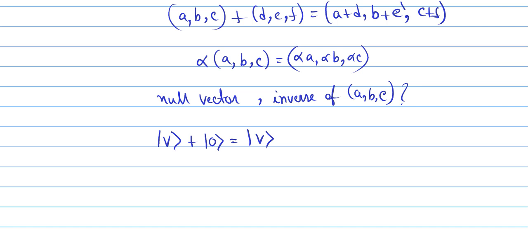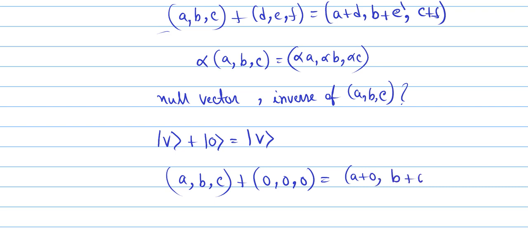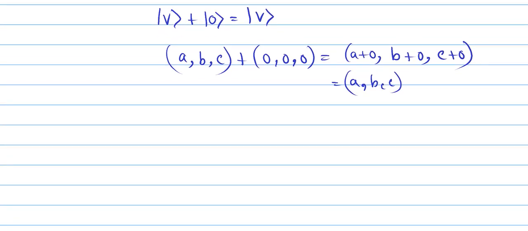By the definition of this summation, if I sum it with 0, 0 and 0, I'll get back A plus 0, B plus 0 and C plus 0. It will give me A, B, C again. So for this vector space, the null vector is 0, 0 and 0.